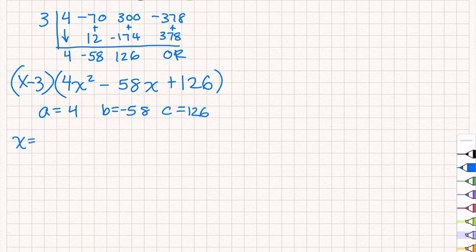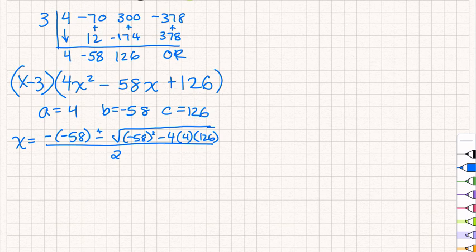So x equals negative 58 plus or minus the square root of negative 58 squared minus 4 times 126, divided by 2 times 4.